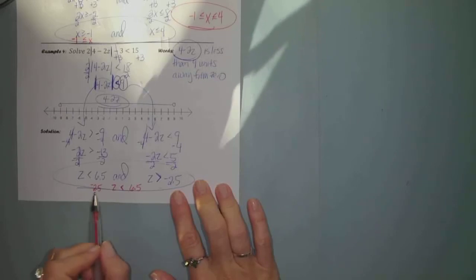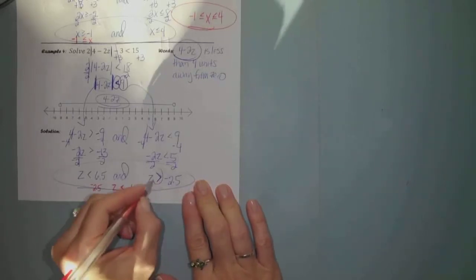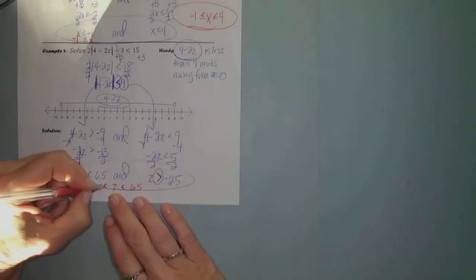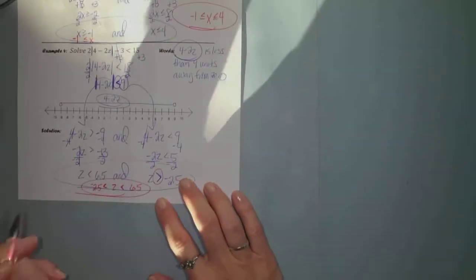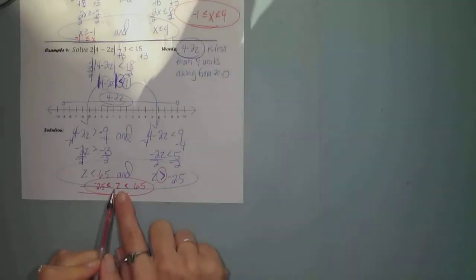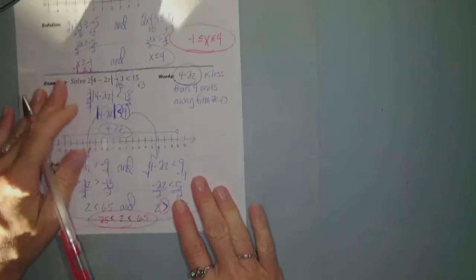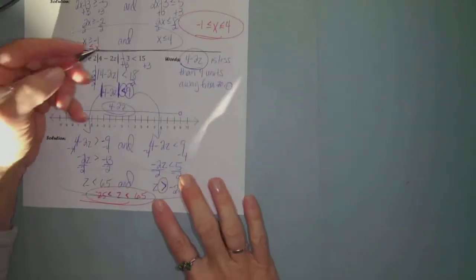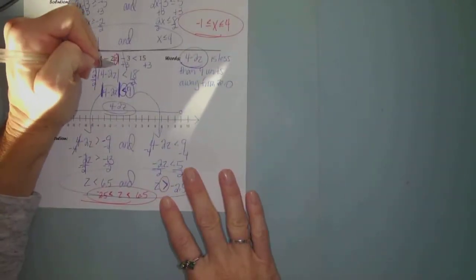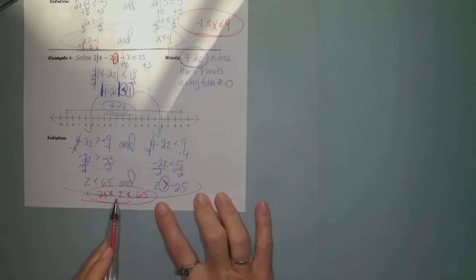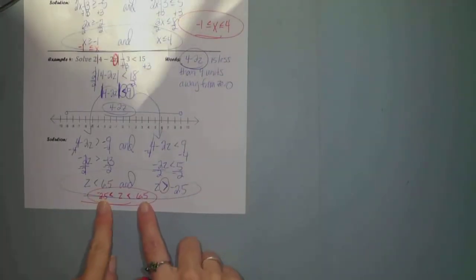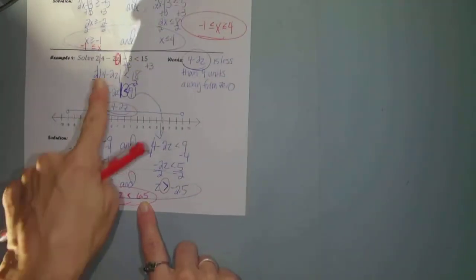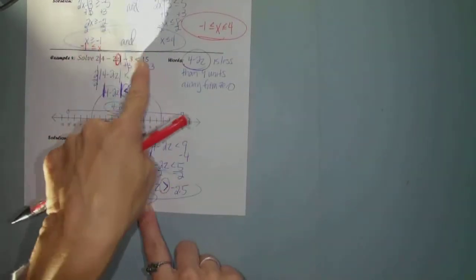Since these two are switched around, if I would switch these around, this would flip. So he now points left like he always does. There we have it. So z, whatever we're going to put right here, has to be between -2.5 and 6.5 in order for this entire statement to be true.